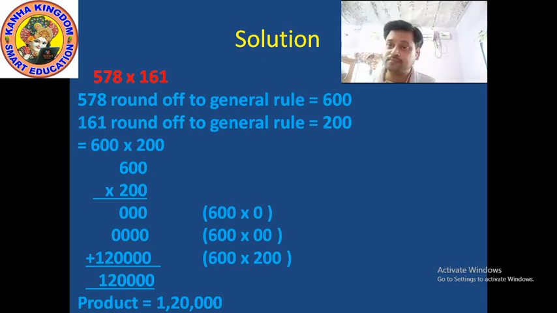Okay, now the third step is 600 multiplied by which digit? 2, in the hundreds place, meaning 600 multiplied by 200. Now see, 200 multiplied by the ones digit of the upper number, which is 0, becomes 0.